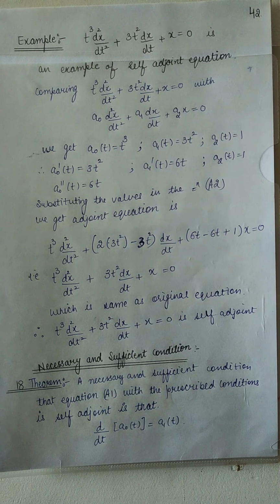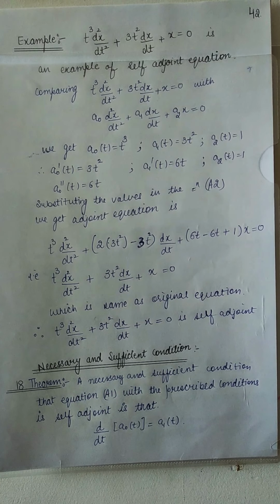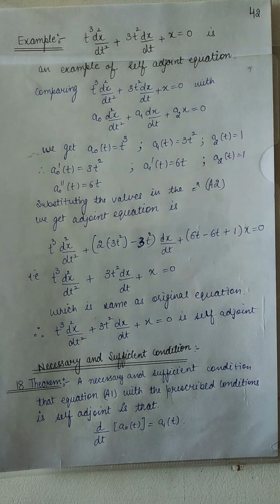So now there is a necessary and sufficient condition for an equation to become self-adjoint. That is given in theorem number 18. What is the statement of theorem number 18?